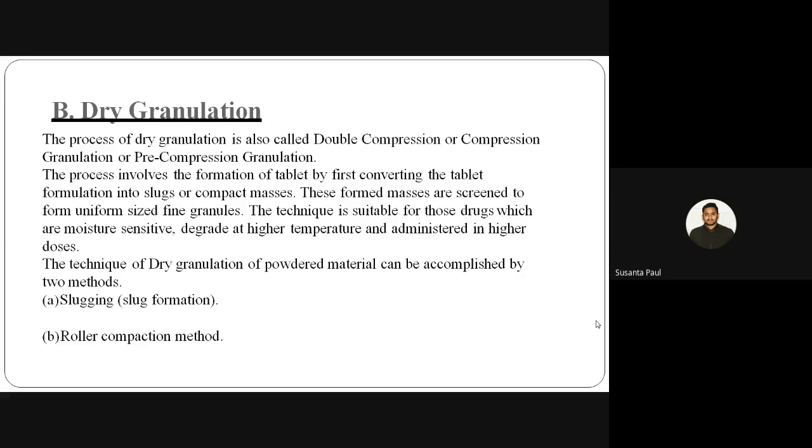This method can be used for making tablets of aspirin, sodium bromide, potassium chloride and dried yeast. When moisture can hamper the stability of the active pharmaceutical ingredient, then we have to use the dry granulation method to prepare the granules. Now, the third method is granules by the preliminary compression method.